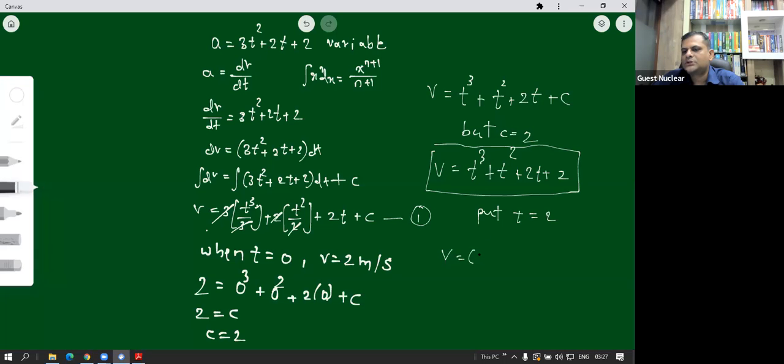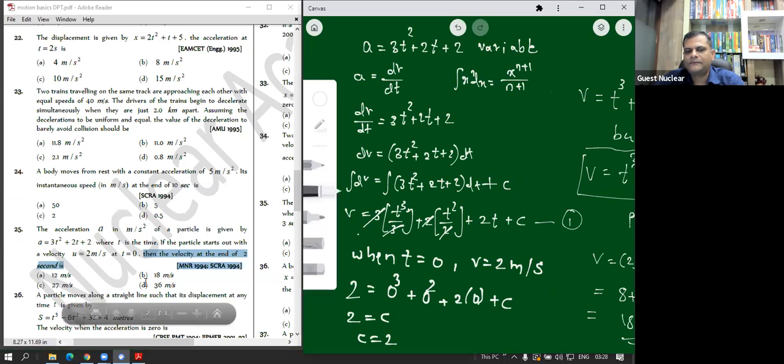So it becomes 2 cube plus 2 square plus 2 times 2 plus 2 again, which is going to be 8 plus 4 plus 4 plus 2, which happens to be 8 plus 8, 16 plus 2, 18. So 18 meter per second. This is actually going to be the velocity. Yes, which is already there in option number B here. Okay.